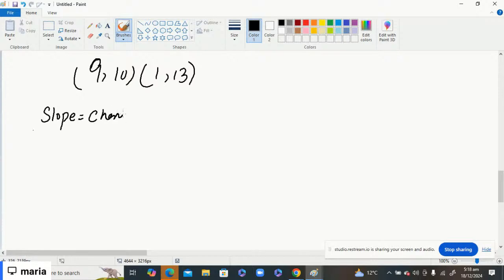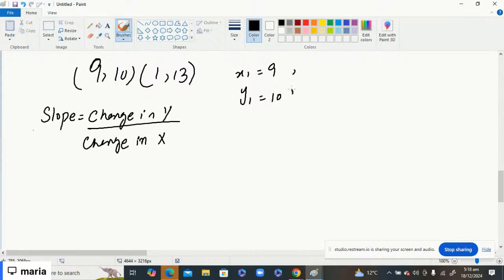Now what is the slope? Change in y over change in x. So your x1 is 9, y1 is 10, x2 is 1, y2 is 13.